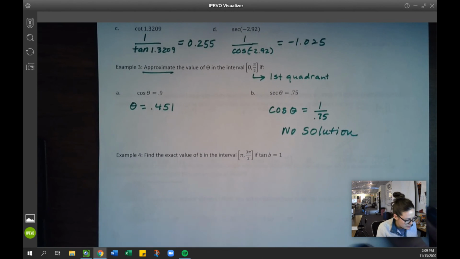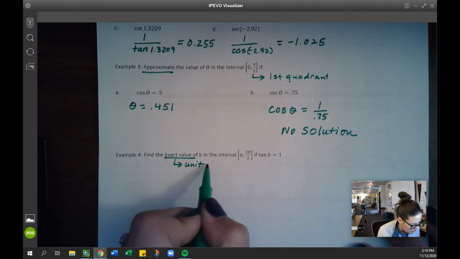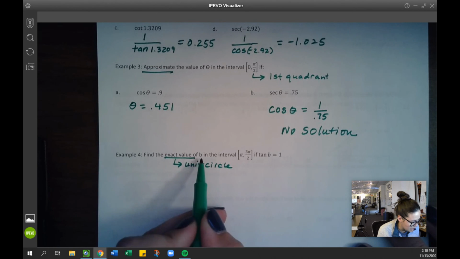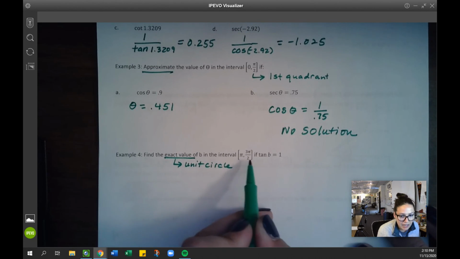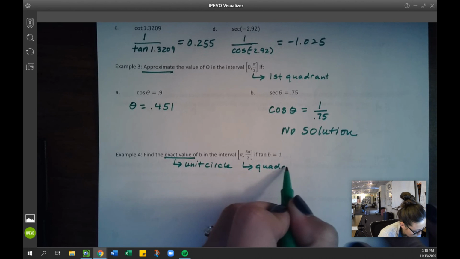All right, last example here. Find the exact value. That tells me I'm going to use my unit circle to solve. So find the exact value of theta in the interval from pi to 3 pi over 2. Pi to 3 pi over 2, that is quadrant 3.